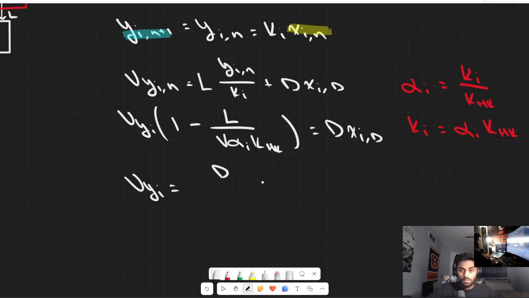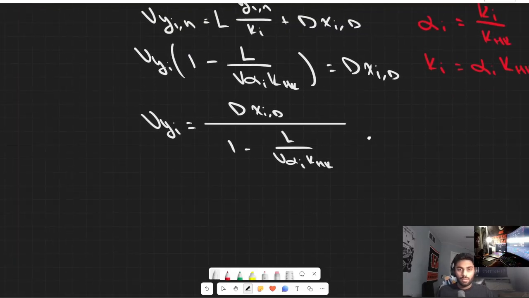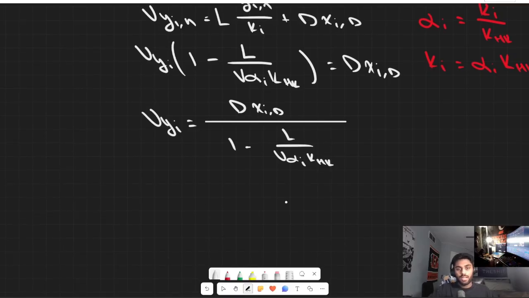So just copy everything over. Okay, heavy key. And now what will happen in a lot of these kinds of derivations is that we will multiply on the top and bottom this alpha I, our relative volatility.